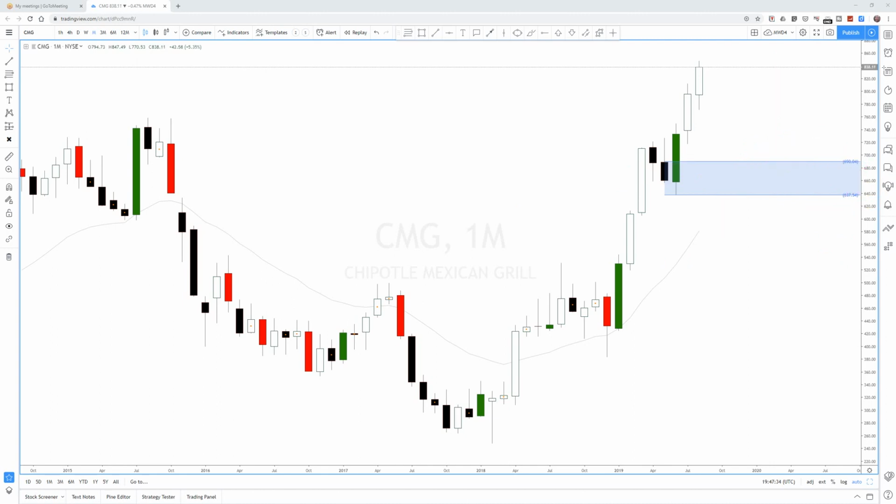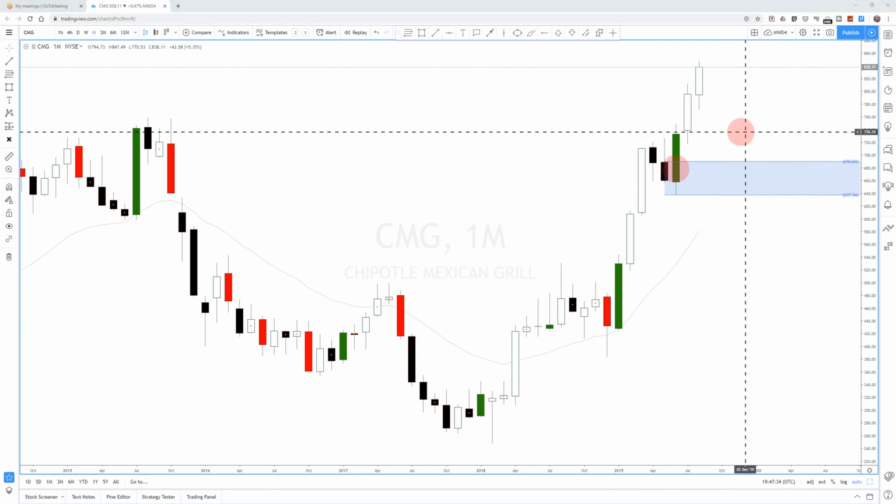If you want to buy the underlying stock here, you could be buying at about 670, and the stop loss should be at 620. So it would be $50 of risk per share, which is too much risk.